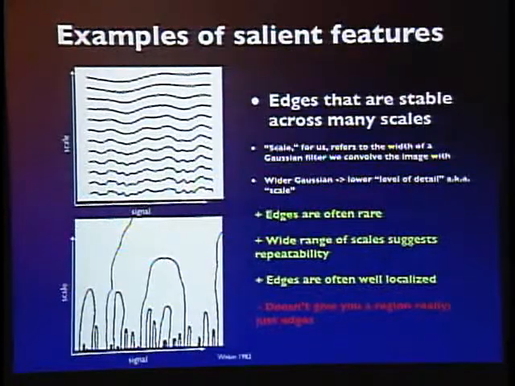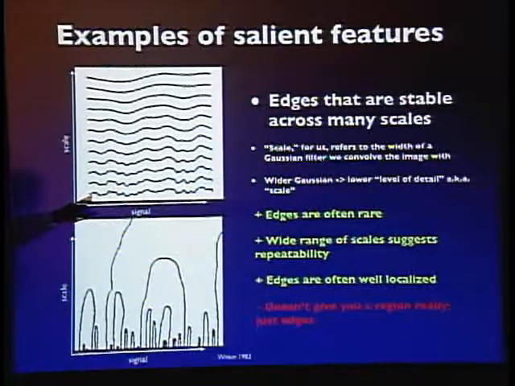This is another kind of interesting region or interesting feature in the image that has come up a lot, and it has to do with scale. So let me explain what I mean by scale. Imagine that the thing on the bottom here of this graph is one of those one-dimensional plots of image intensity.